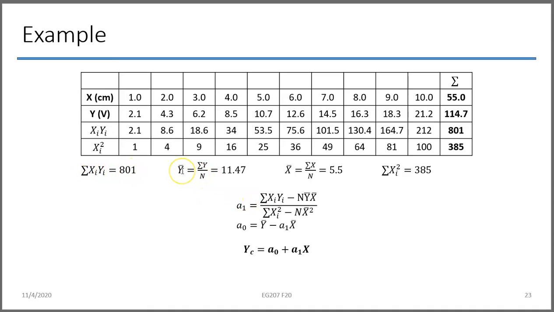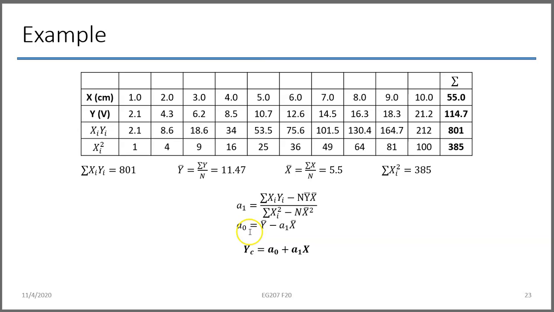My average y value is the sum of my y values divided by the number of data points, so 11.47. My average x value input is 5.5, and the sum of my squares of my x inputs is 385.